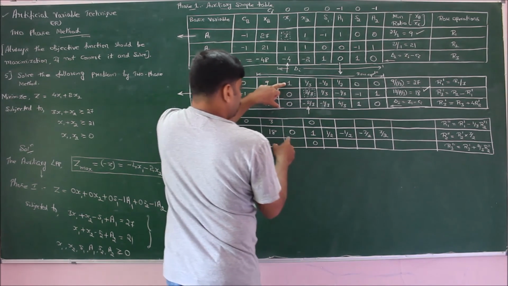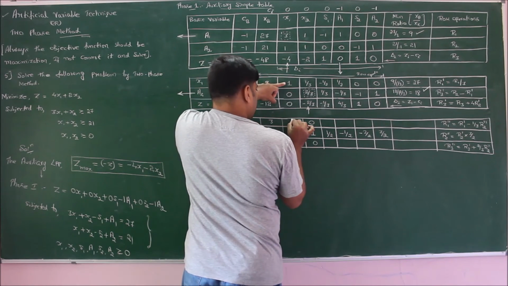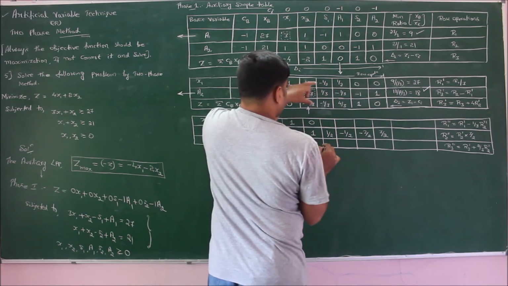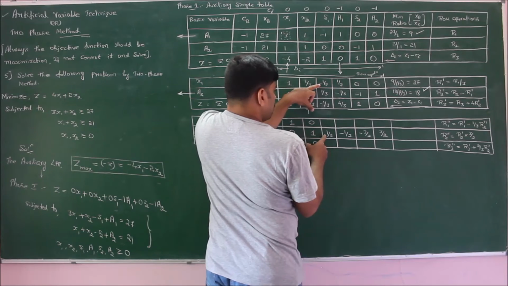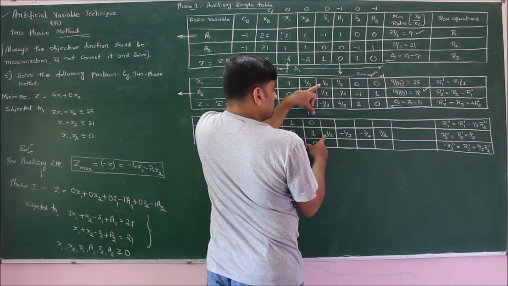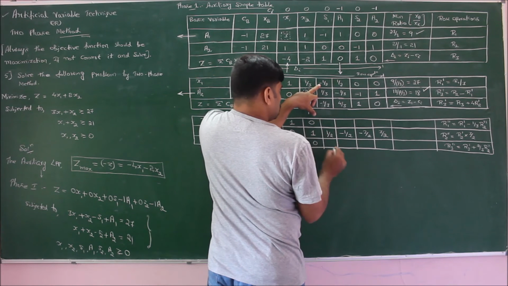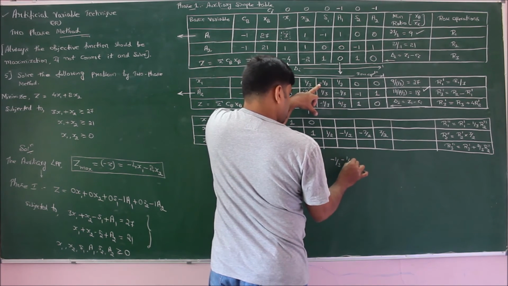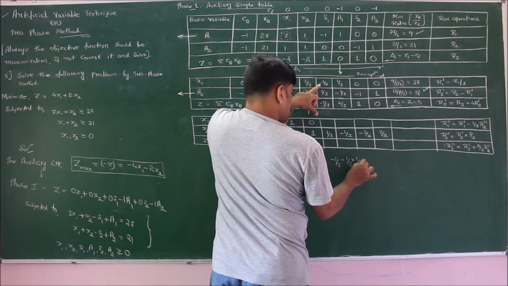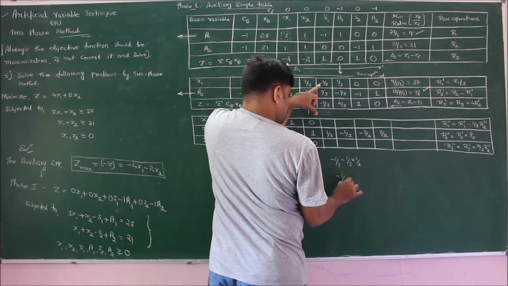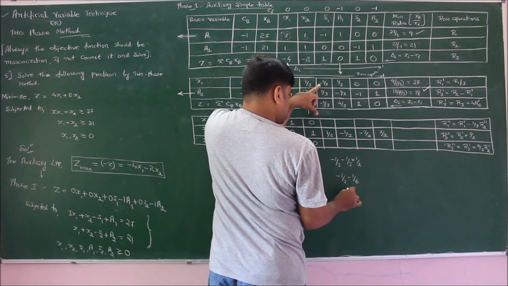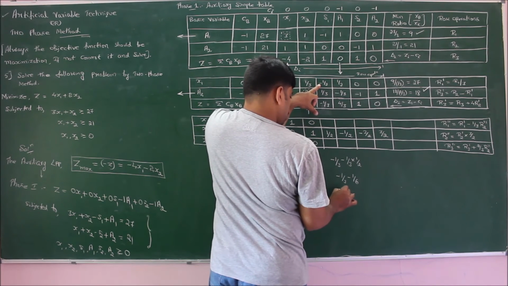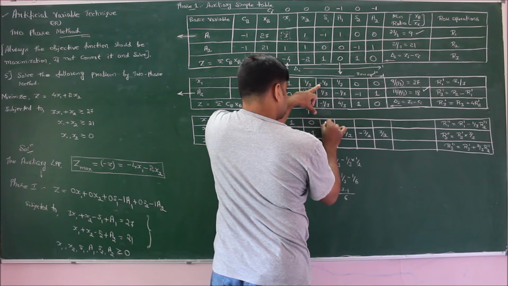Coming over here, I have 1, but here I have 0, therefore it will become 1. Coming over here, we have minus 1 by 3, minus 1 by 3 into 1 by 2. So therefore, minus 1 by 3 minus 1 by 6. So taking 6 as LCM, I will get minus 3 minus 1, it is minus 4 by 6.